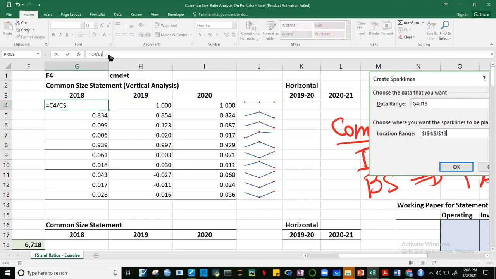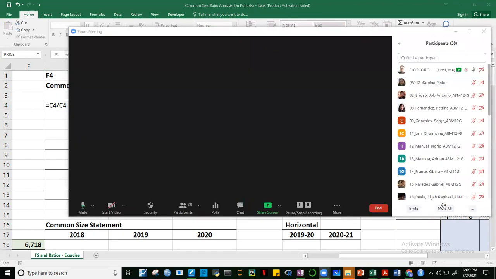C4, and then Command at saka T. Mac users, kindly give a feedback. If not, guys, tulungan nyo lang ako maghanap. I'm sorry, I'm not using a Mac now. Sana tama yon. Tama ba? Ayan, good. Ayan, thank you, Liam.